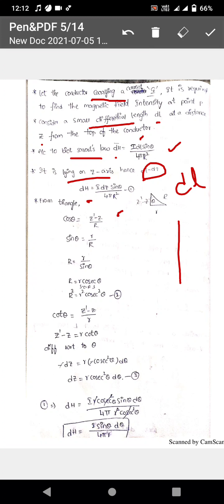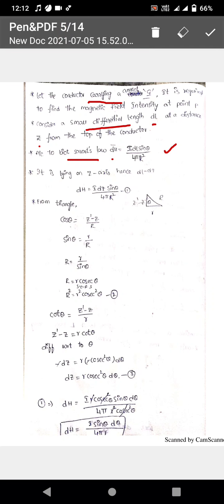If you draw a triangle where point P is located and where dl is located, the small r is from the origin to the point P, this distance is capital R with respect to dl, and this length is z minus z dash, which we already drew. This angle is known as theta.